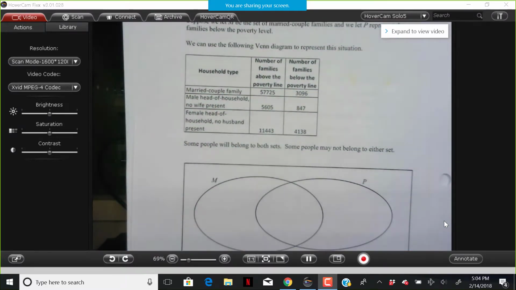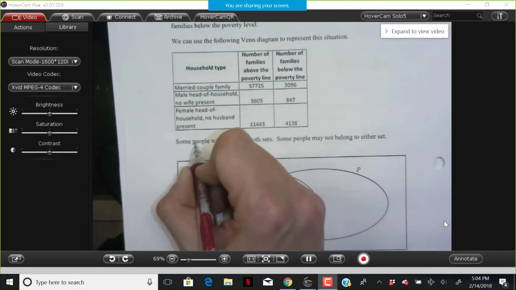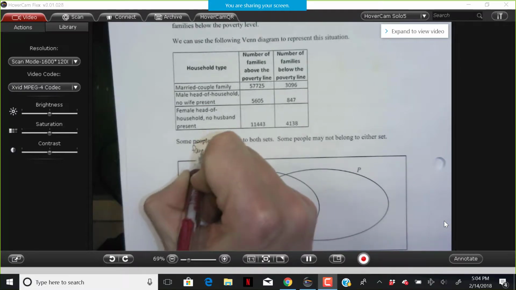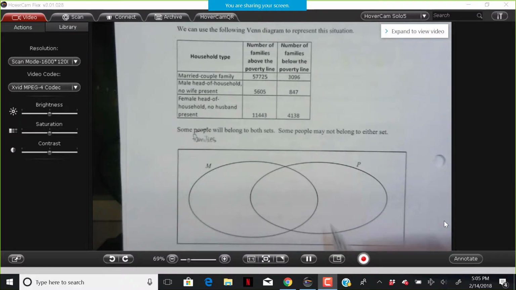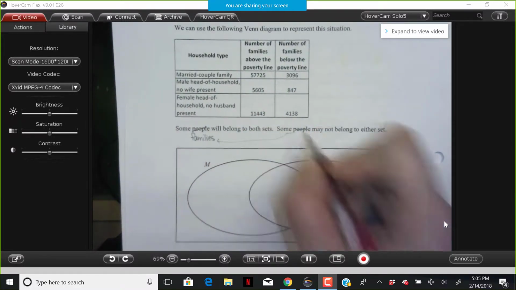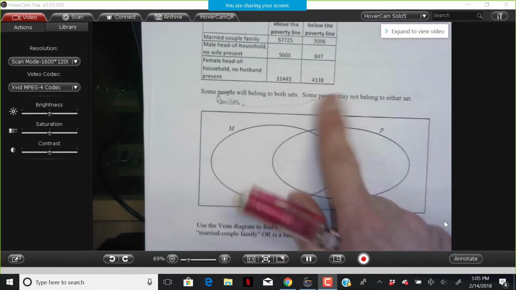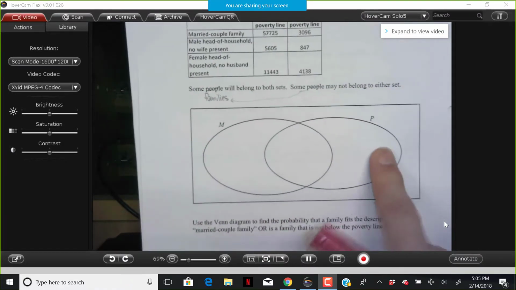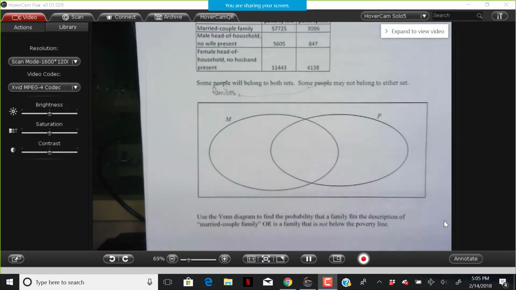We can use the following diagram to represent this situation. It says some people, and I really mean families, will belong to both sets, and some families may not belong to either set. If the families aren't either married or below the poverty level, then we represent them still in the box because they're still in our sample, but outside the circles.